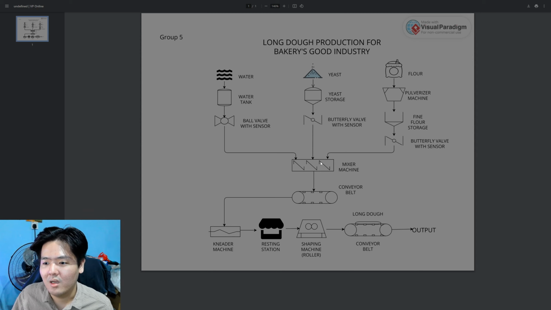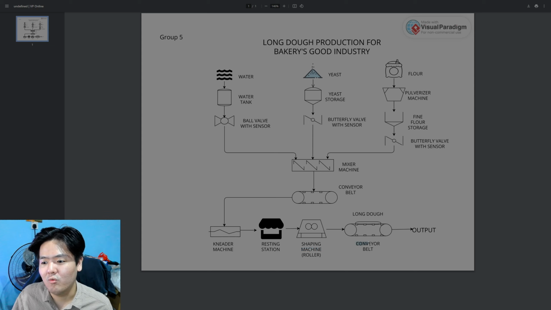Then the three of them go into a mixer machine, and after the mixer machine we transport the dough, before it turns into a long dough, using the conveyor belt through the kneader machine, and then we let it rest. After we let it rest, we shape it into the shape of a long dough.